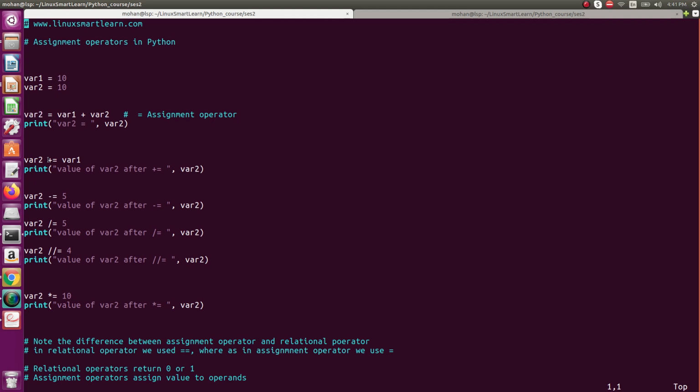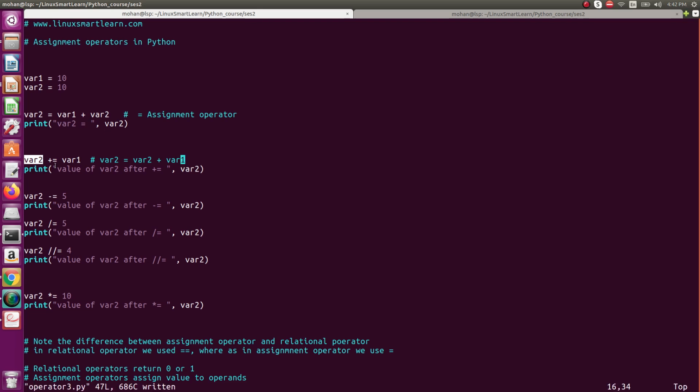So next we have plus equal to. In plus equal to, it works as follows. The new value of var2 will be calculated using var2 equal to var2 plus var1. So we can also say that this is equivalent to var2 equal to var2 plus var1.